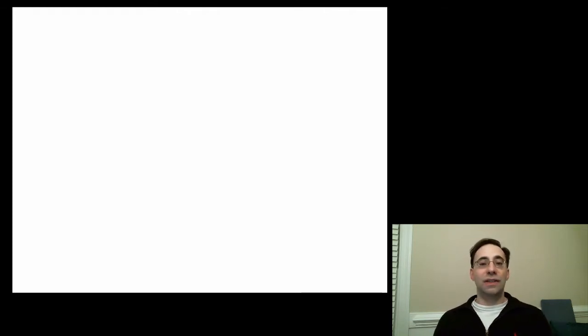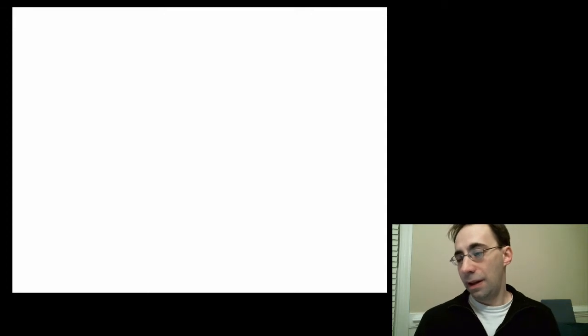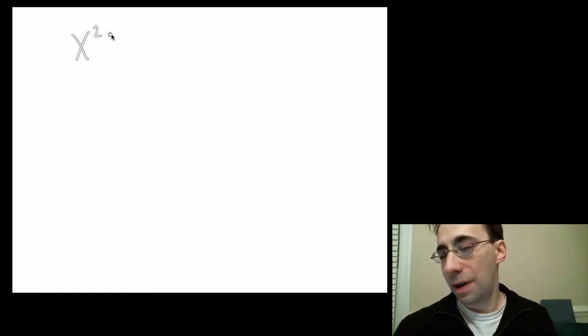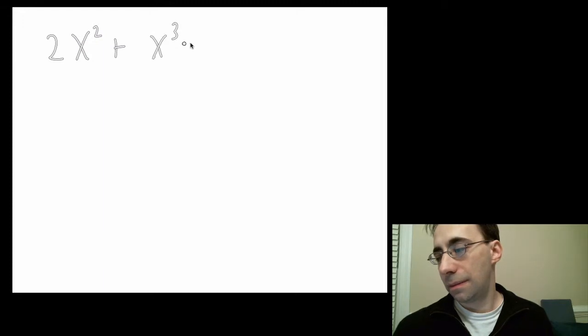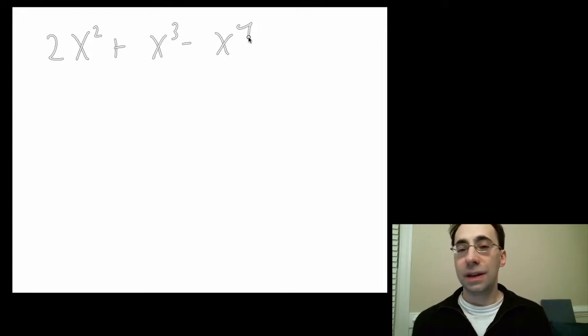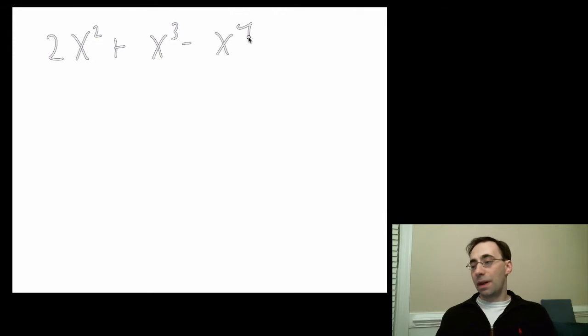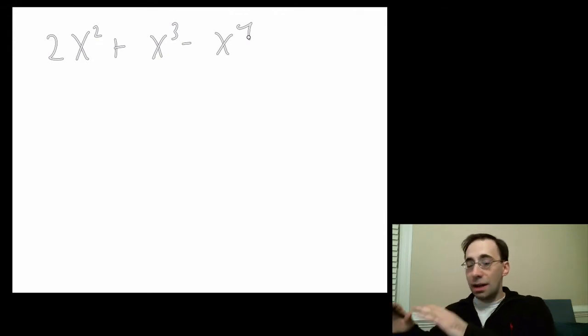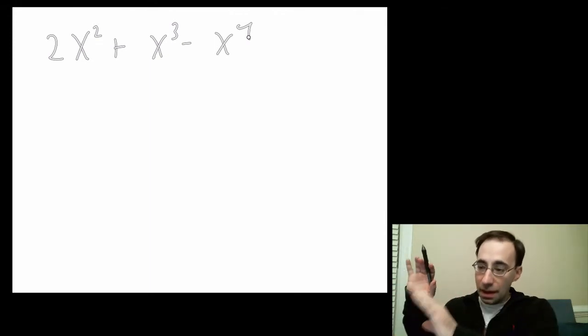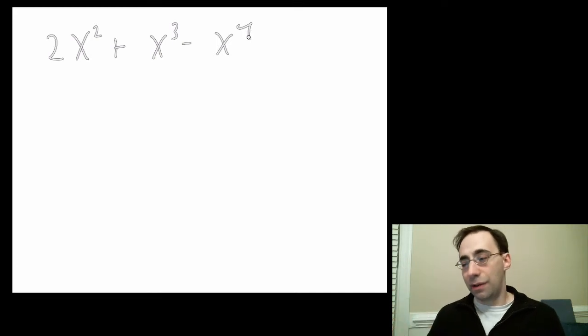Second, try to see if it's some kind of combination, some kind of sum or difference of simple functions. So for instance, if you have something like this polynomial, this is a sum and difference of powers of x with constants in front of each of the terms.